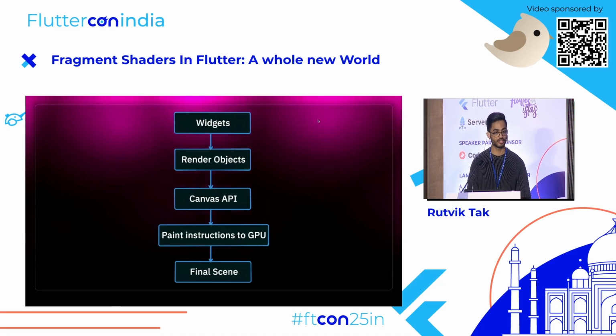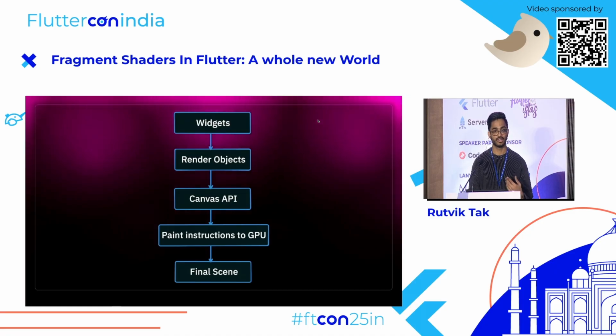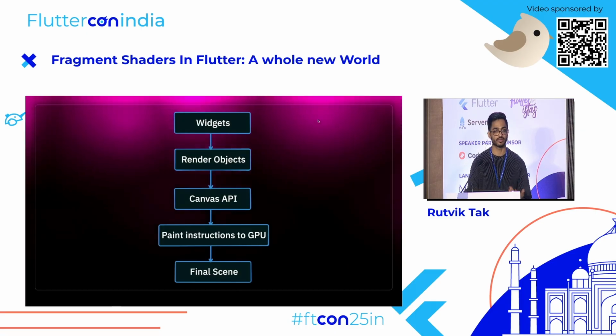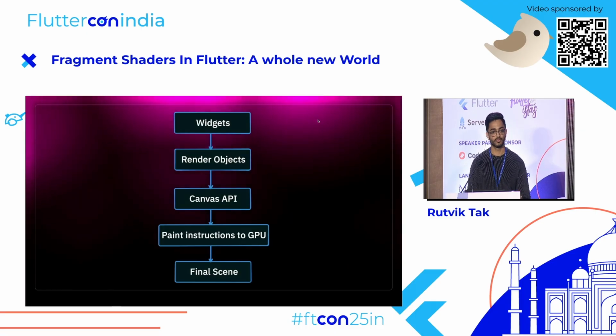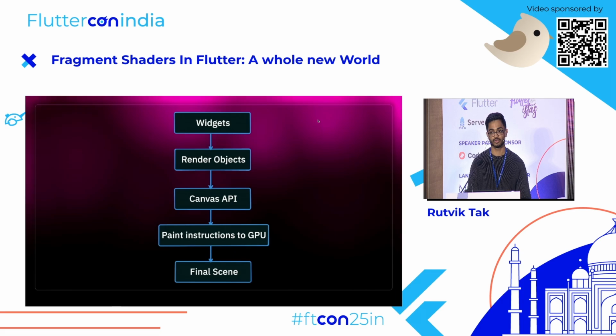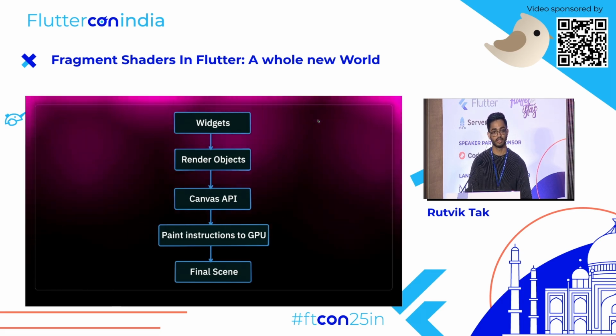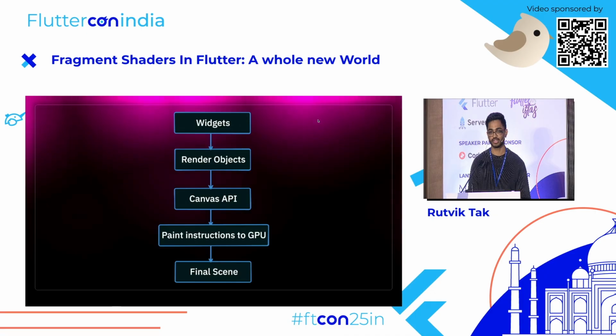They take that information and use it while laying out the specific widget, so render objects control the layout of your widgets. Past that layer, once that information is gathered, it is translated into the Canvas API. If some of you have worked with custom painters in Flutter, that is the layer below render objects in the rendering pipeline. It's a canvas that Flutter provides you.